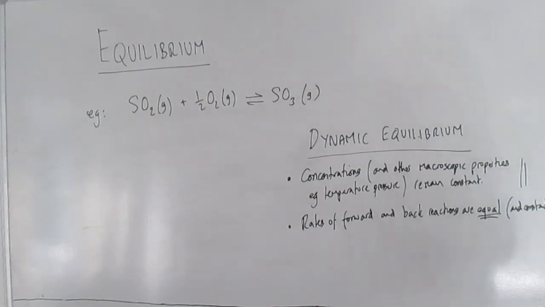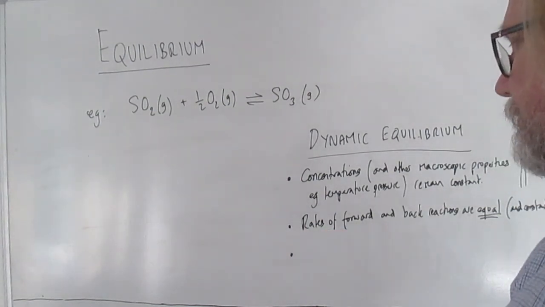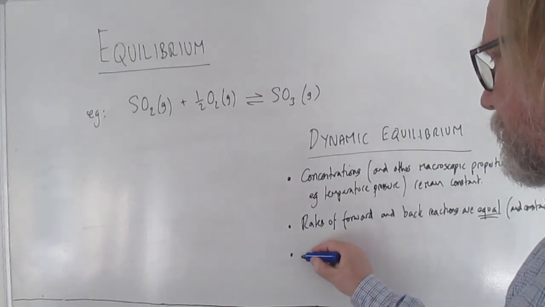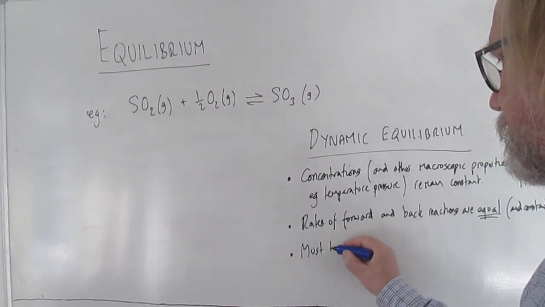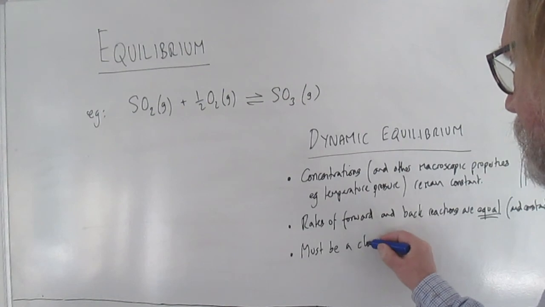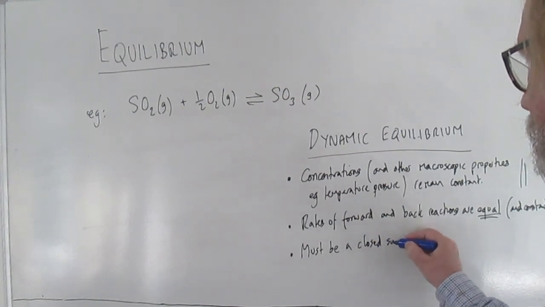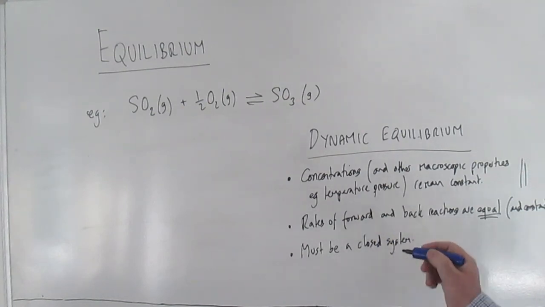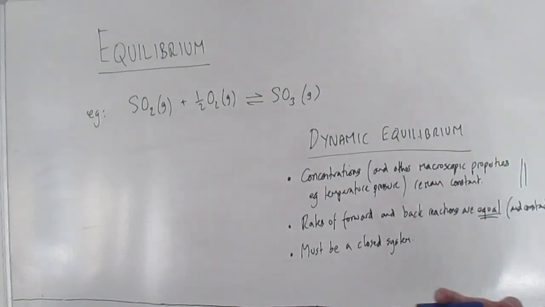The third thing that's important to point out is that this is only possible if you have what's called a closed system. And a closed system means that you've got everything shut up in a box and you don't allow anything in or out.